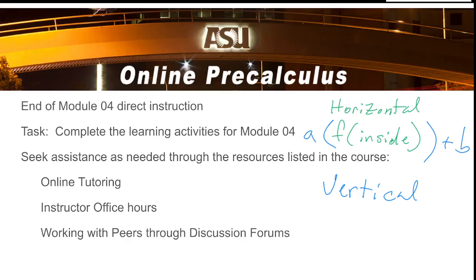And again, we can add, subtract, multiply, divide. Those are the main things we have. And then we have reflections, which are caused by the negative or the opposite. A reflection is caused by a negative, either inside the function or outside the function.